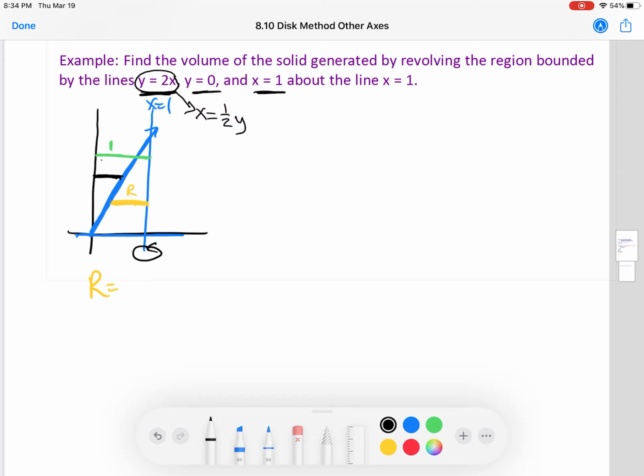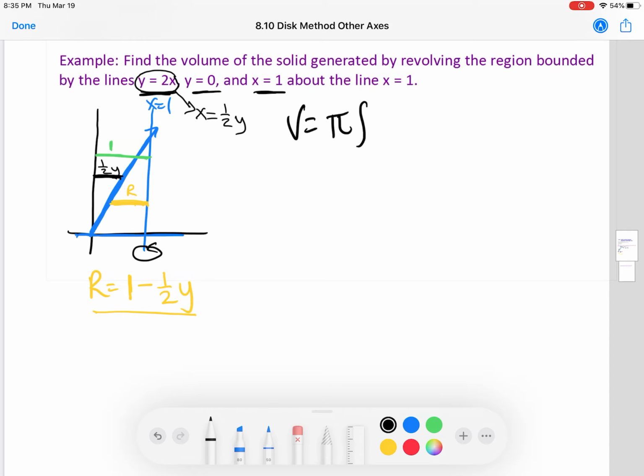That distance is actually 1/2 y. So my yellow radius that I actually want to use in my integral is 1 minus 1/2 y. Again, that's the hardest part, because you already know how to do the integrals from yesterday. So let's set up our integral over here.